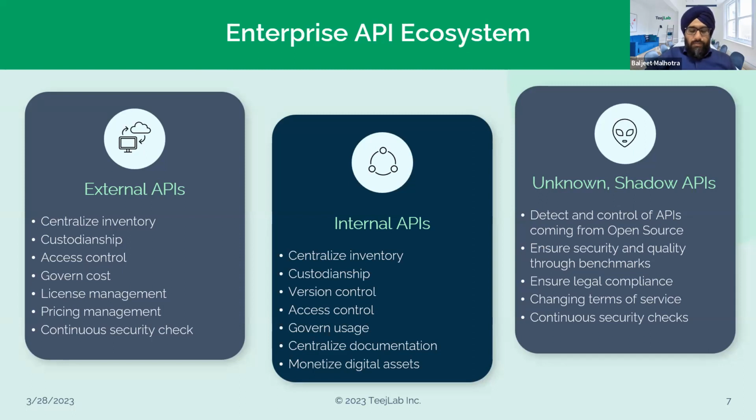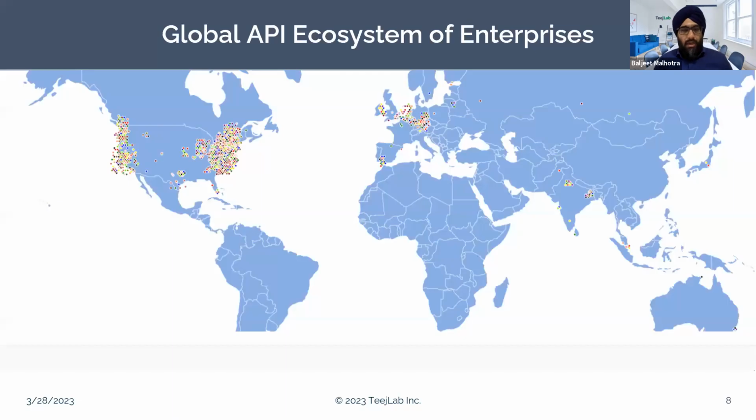So hopefully this global view and also the enterprise view have given you some more insights from what you already know, how these APIs are posing different challenges to enterprises, not just looking into the security issues, but also the risk management issues. But let me give you another dimension to these APIs.